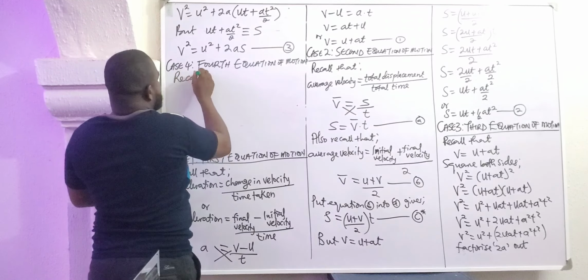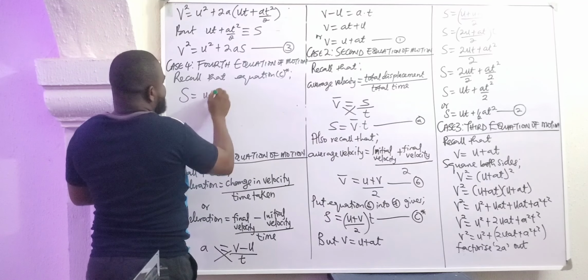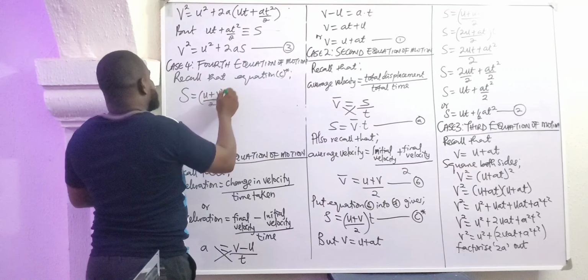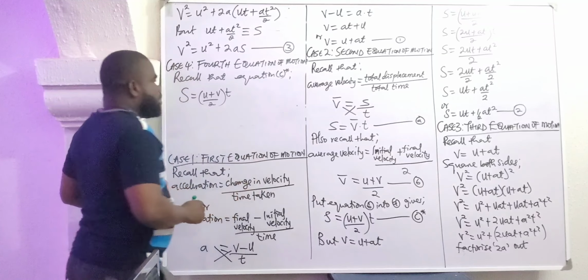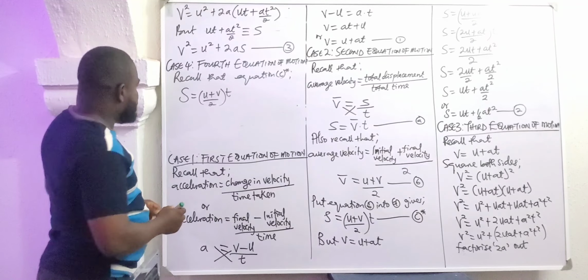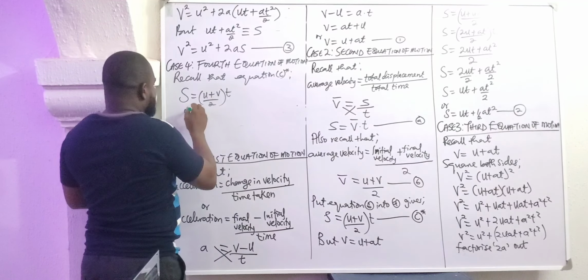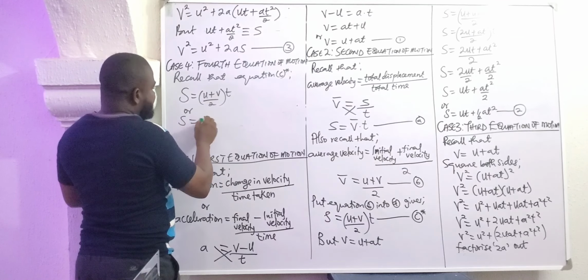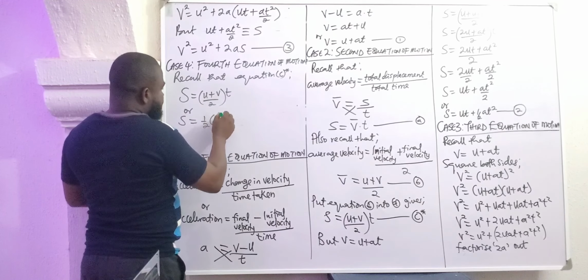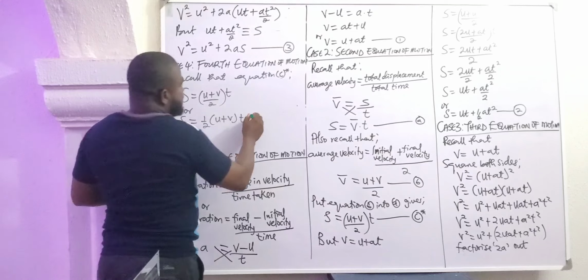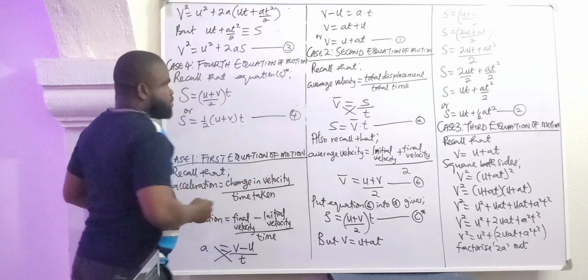Recall that equation C star, we have S is equals to U plus V over 2 times T. This is the fourth equation of motion, but some will also write it as S equals half bracket U plus V times T. So that's the fourth equation.